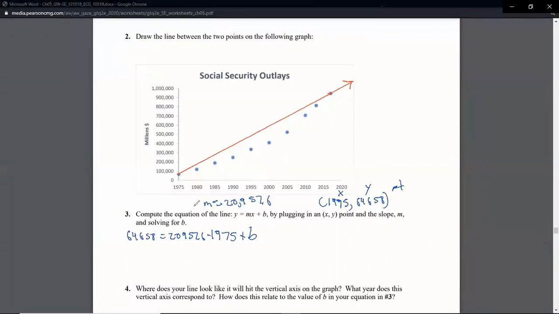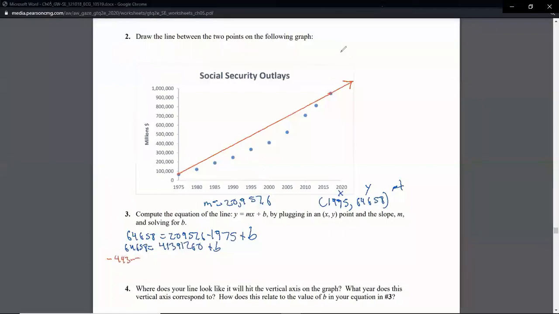20,957.6 times 1975 is going to be 413,912.60. So 64658 equals 413,912.60, then we have our plus b. That means we have to subtract that number on both sides. I'm just going to abbreviate it as negative 413 dot dot dot.